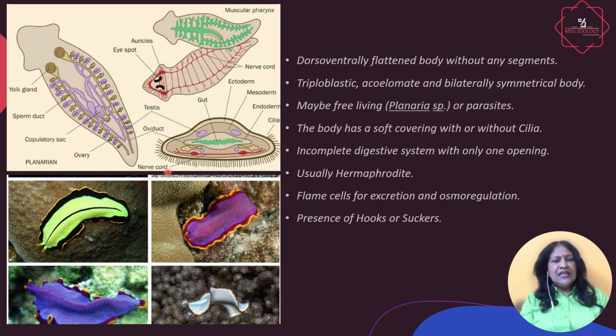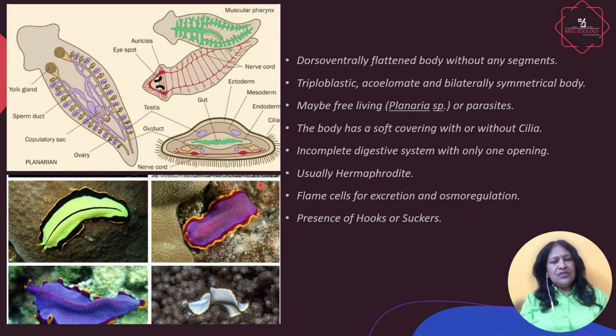They have an incomplete digestive system with only one opening designated as mouth, but that serves both for intake of food as well as for expulsion of excretory waste. Most organisms are hermaphrodite, that is, they have both the male and the female reproductive organs within the same individual.